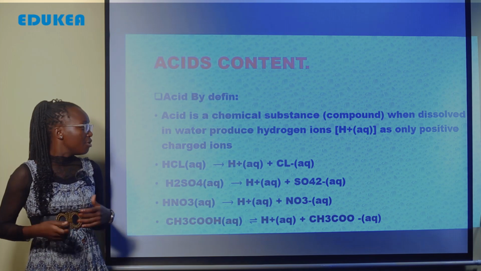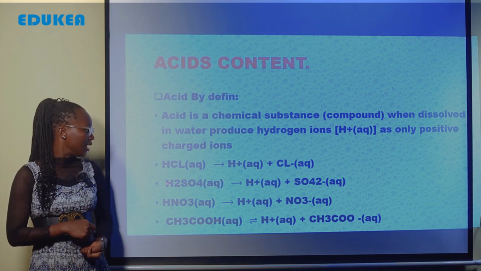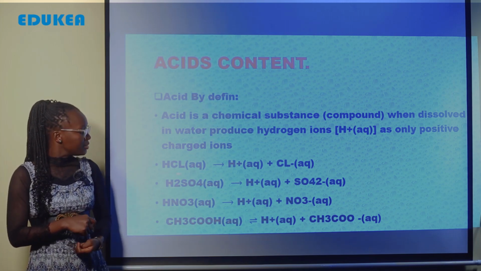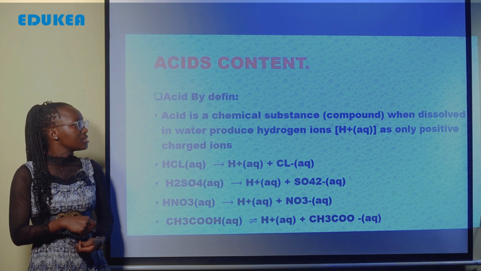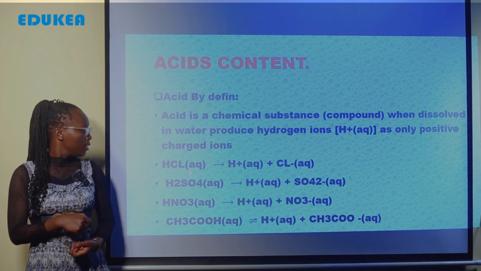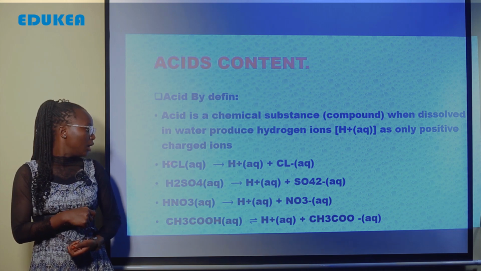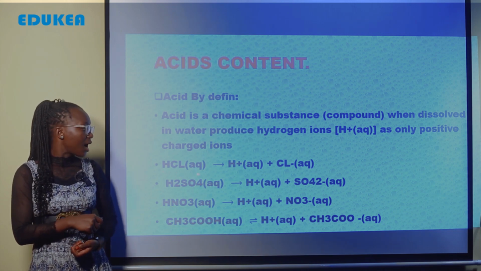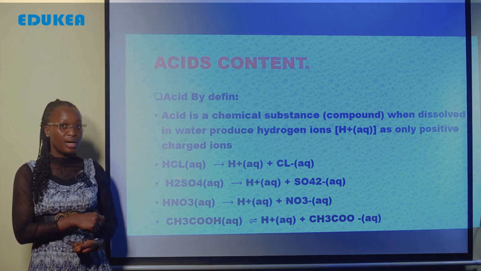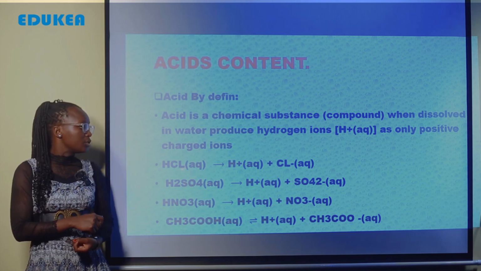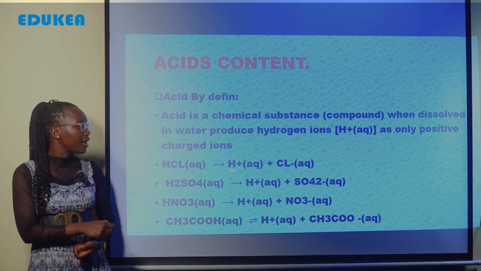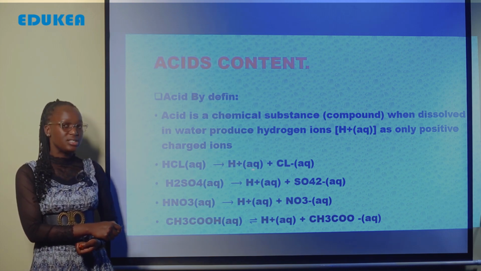For example, you can see more about this definition or this meaning. You can see this is hydrochloric acid, or HCl, which is aqueous. This is our compound now. When it dissolves in water, we are going to have the hydrogen ions, which are positively charged, and we have chloride ions.